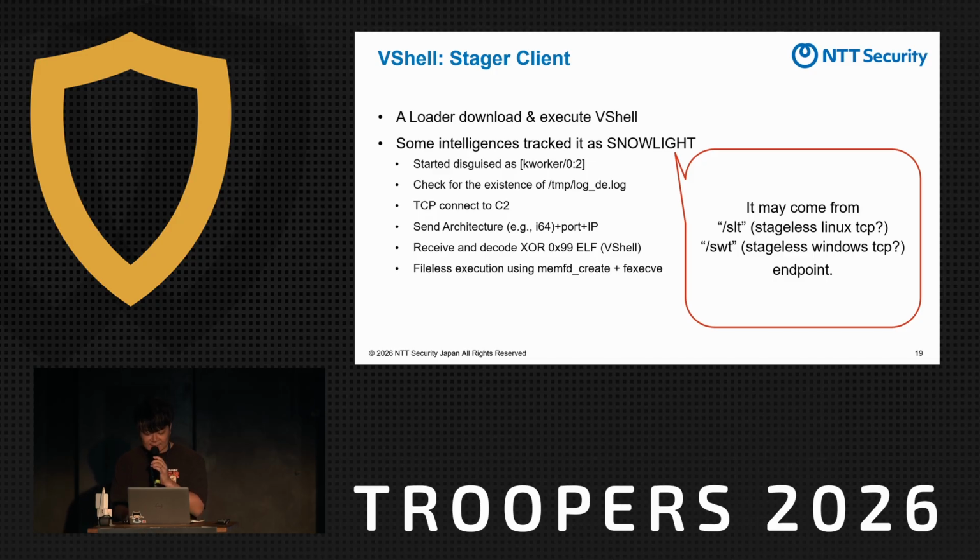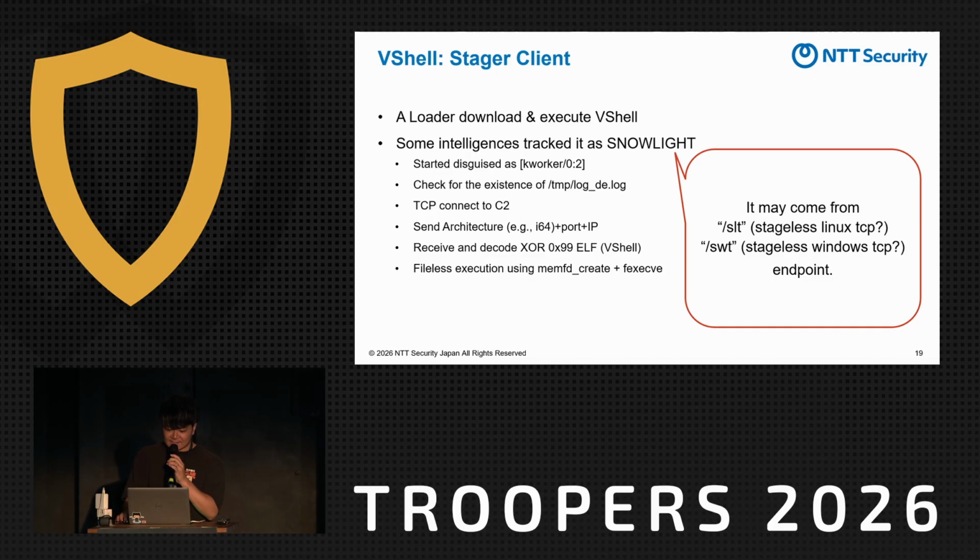When executed, it first disguises itself by using the process name kworker/0:2. It then checks for the existence of the file /tmp/log_de.log. Next, it establishes TCP connections to the C2 servers and sends its system information, including the architecture, for example amd64, along with a port number and IP addresses, to download the next stageless binary.